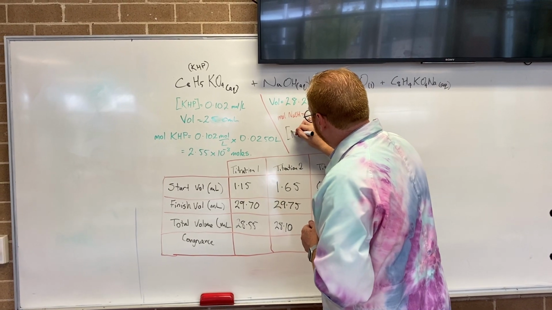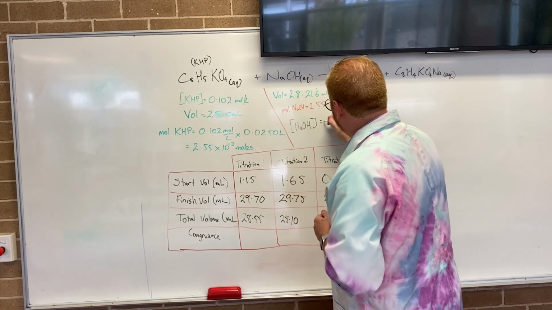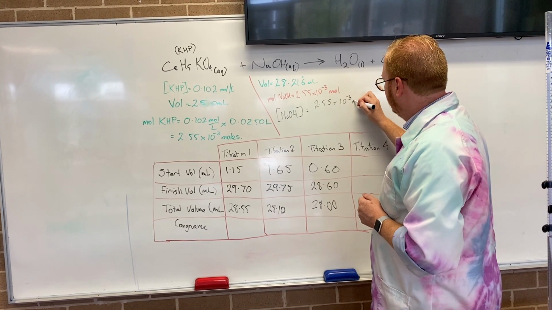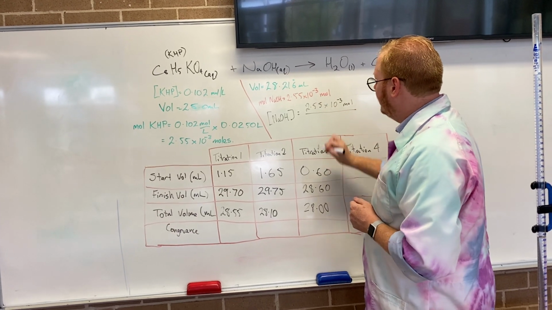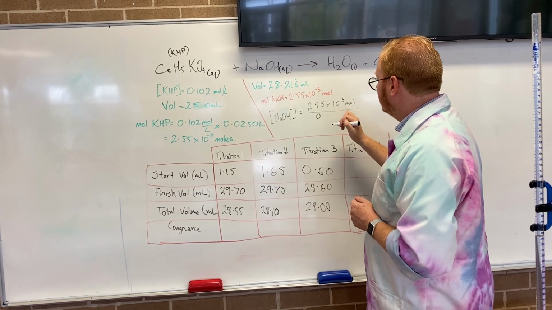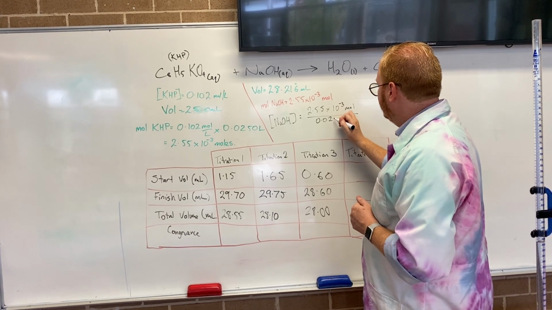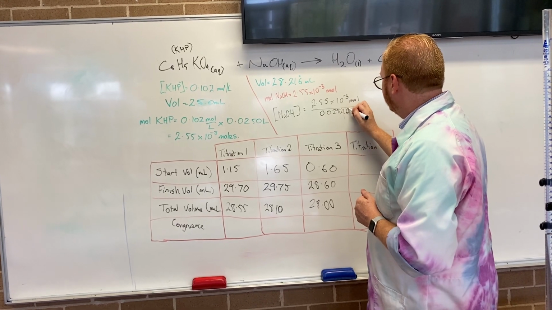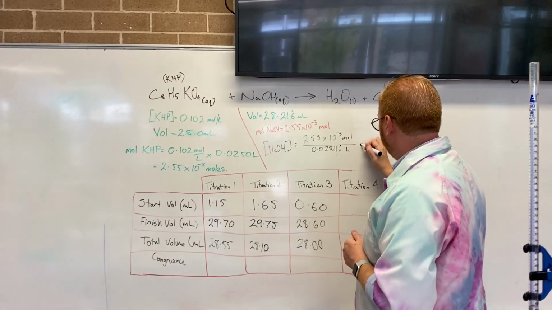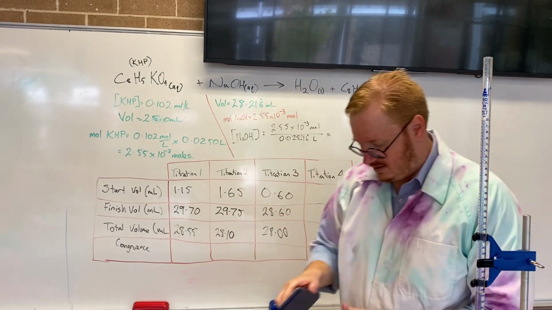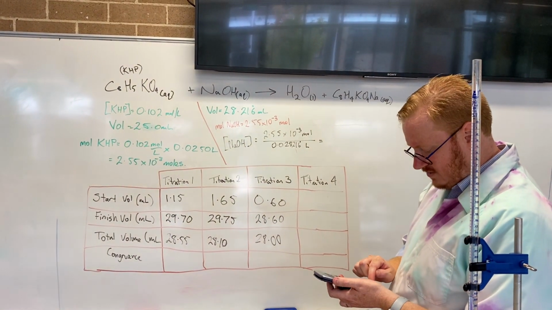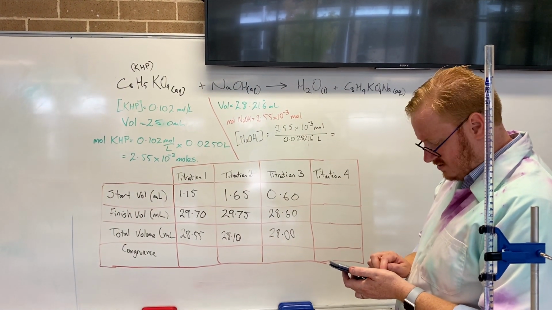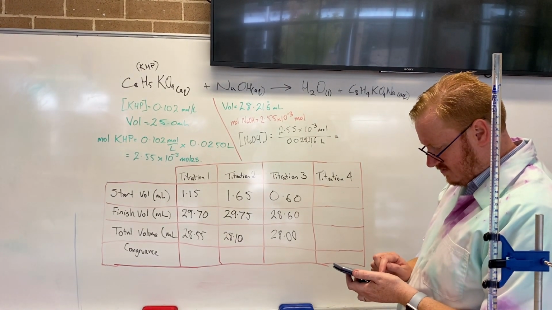So the concentration of sodium hydroxide equals our number of moles up the top, divided by the average volume that we calculated in litres, because moles per litre, 0.028216 repeater litres. And that will give me my answer. Well, an answer. 2.55 times 10 to the negative 3 divided by 0.02821. Put a whole heap of 6's in.